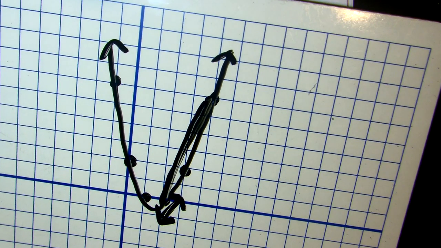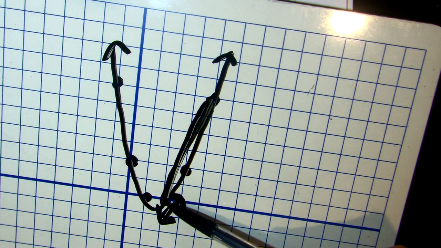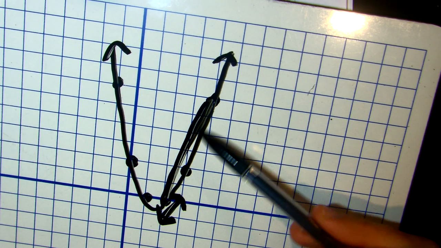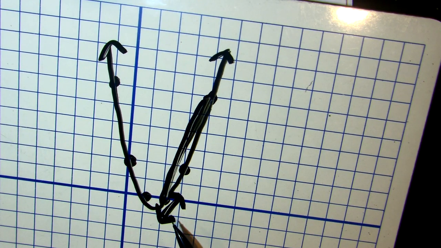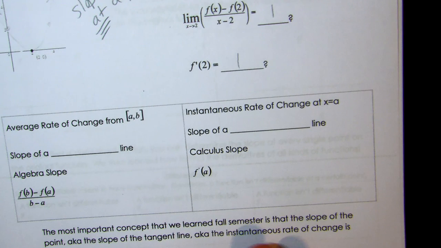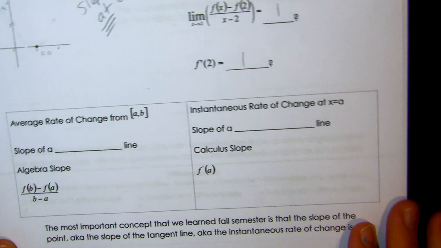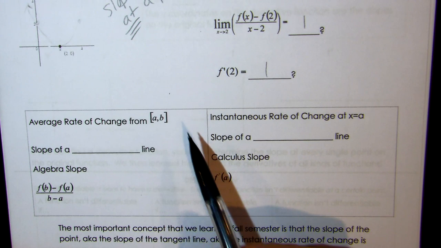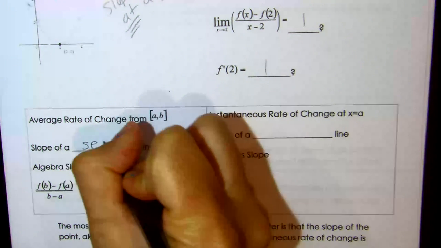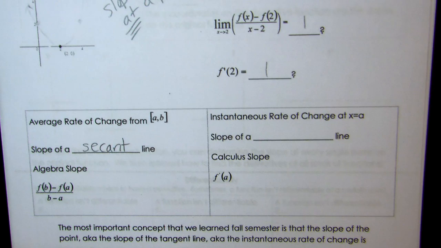So when we first learned about derivatives, we went from the average rate of change over an interval, which was your algebra slope, to the instantaneous rate of change, which was your calculus slope. Let's fill in this chart to really get this point across. The average rate of change over an interval is your slope of a secant line, and that's just an algebra slope.